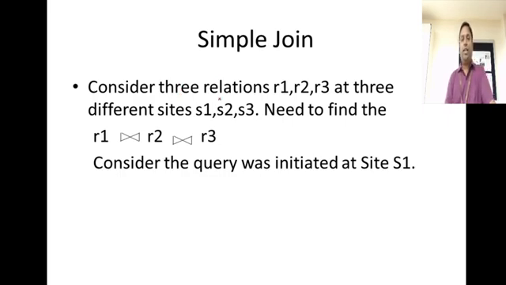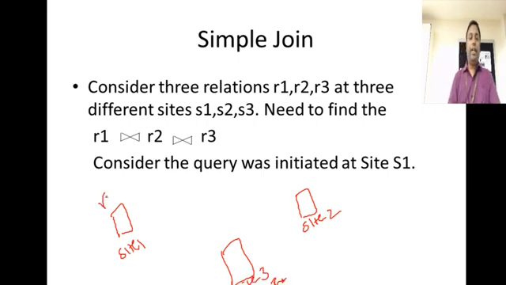Let me show you what the strategy is here. Say you consider 3 different sites. Site 1, you can think of as the US site. Site 2 is the UK site, and site 3 is the Indian site. And you have three tables: one is R1, another table is R2, another table is R3.